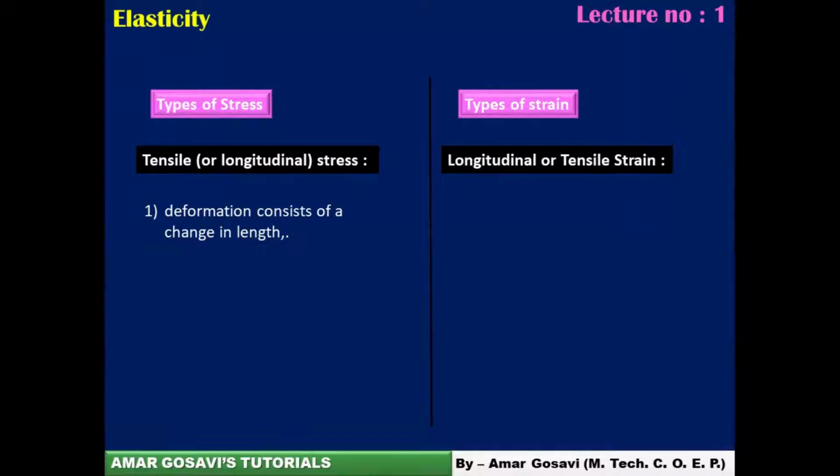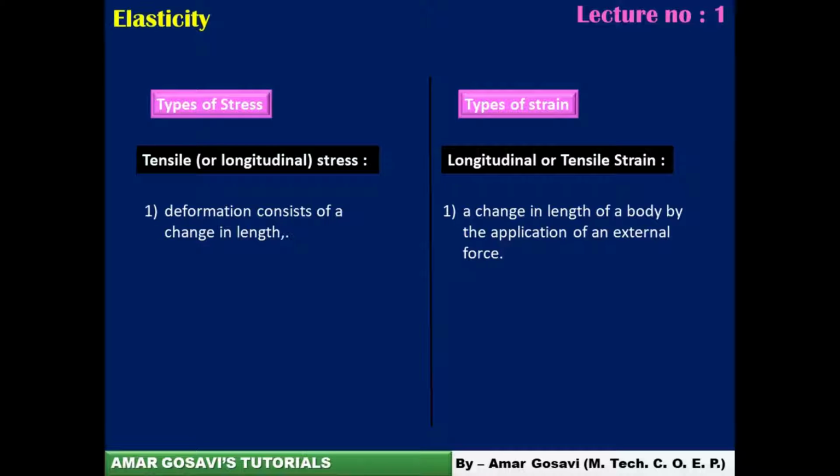The first one is longitudinal or tensile strain. Here you can see the deforming force will bring about a change in length of a body, and during that time, the strain produced in the body is called longitudinal strain or tensile strain.